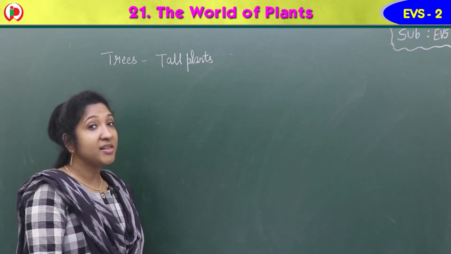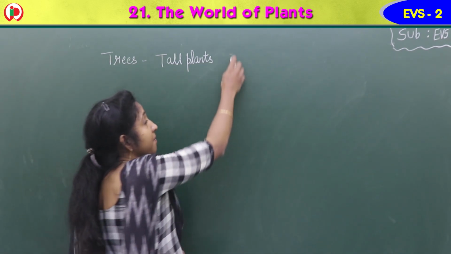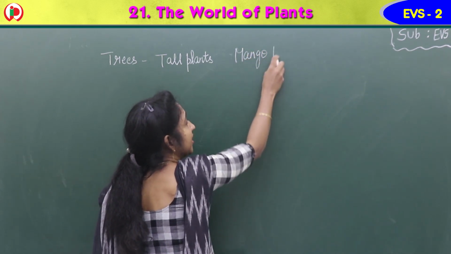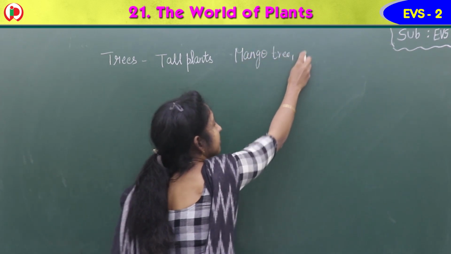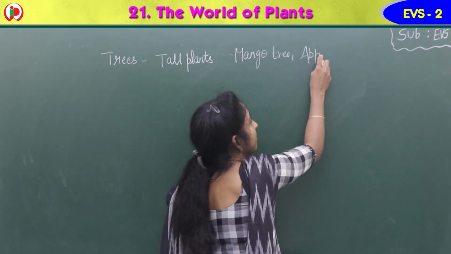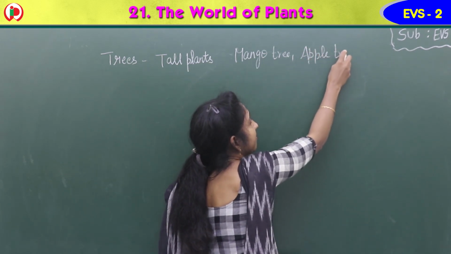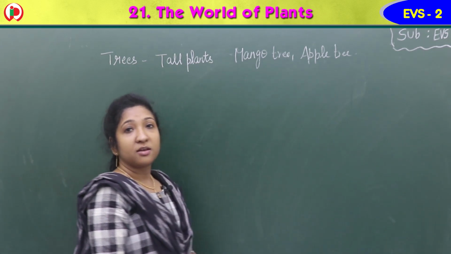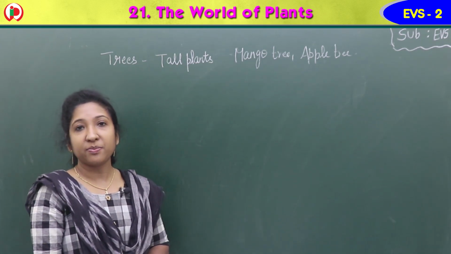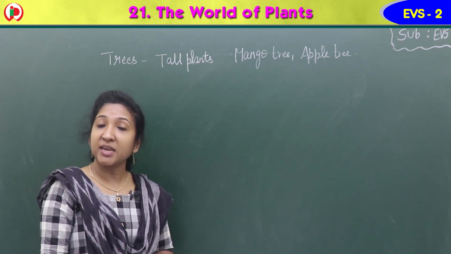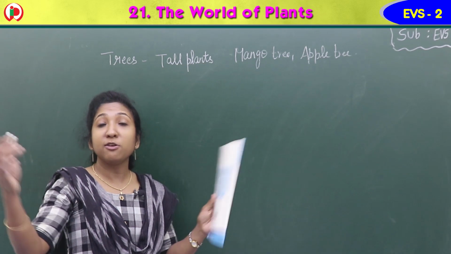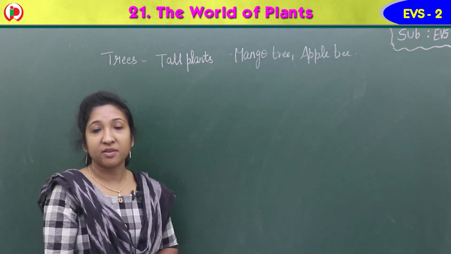Yes, examples: mango tree, apple tree, neem tree, etc. They are all examples of trees. Banyan tree, B-A-N-Y-A-N, banyan tree, they are all examples of trees. Trees live for many years.